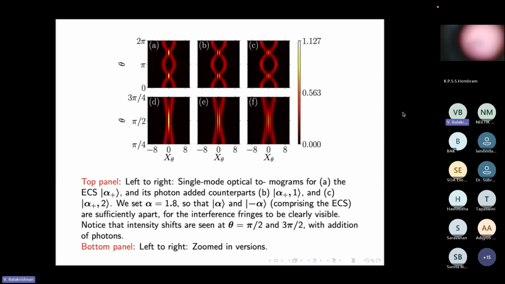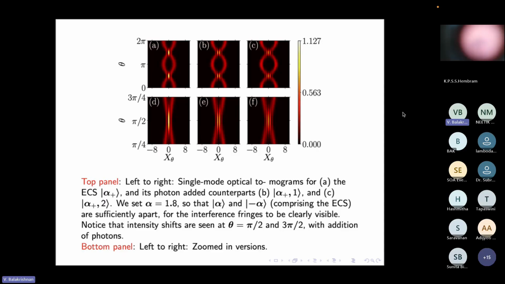We have set alpha equals 1.8. And that keeps ket alpha and ket minus alpha that comprise the ECS sufficiently apart so that the interference fringes, at least in the zoomed in version, are clearly visible. So the intensity shifts are seen at theta equals pi by 2 and 3 pi by 2 when you add photons.